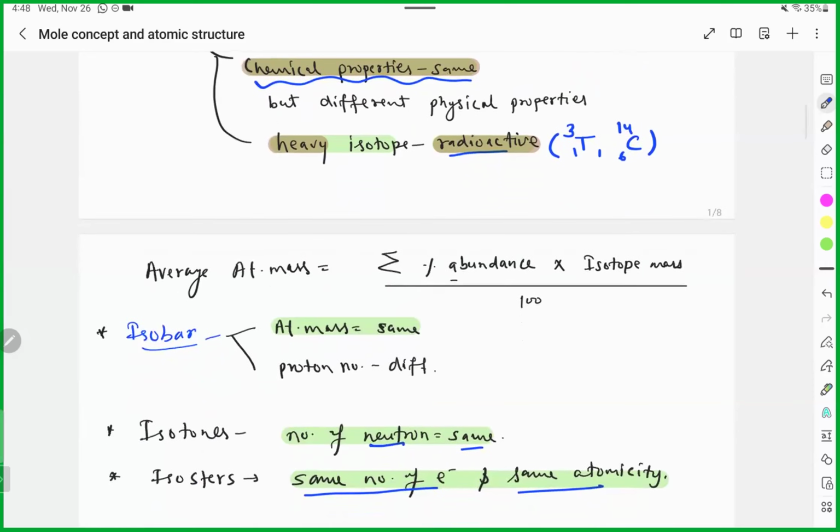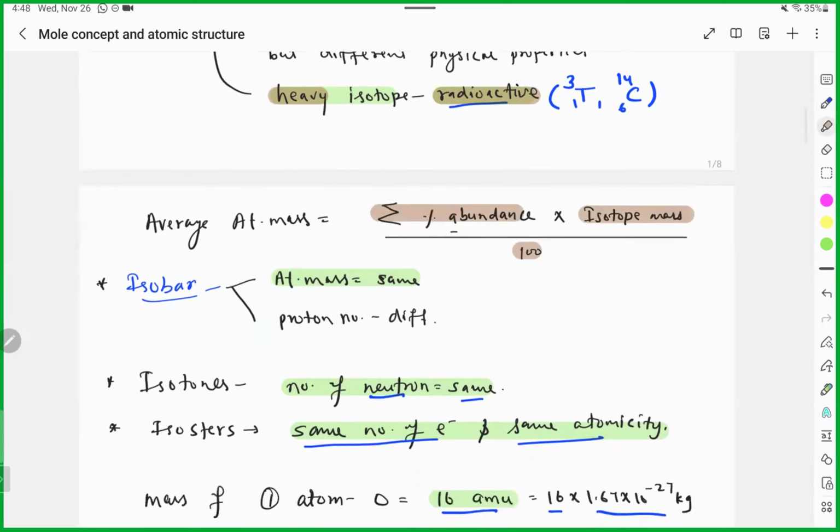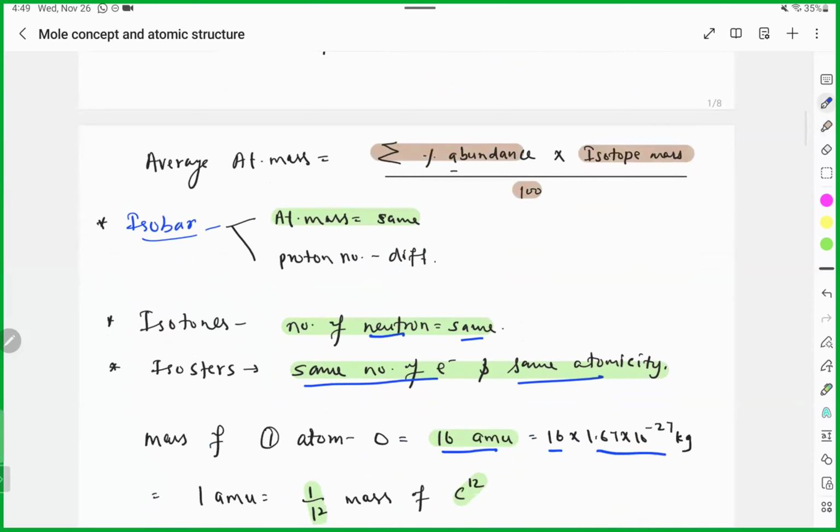We calculate average atomic mass. How? The percentage of each atom multiplied by its atomic mass, divided by 100. Example: if you have boron 10 and boron 11, two isotopes, say this is 85% and this is, let's take, 15%.